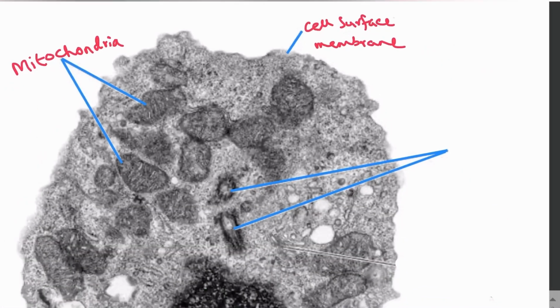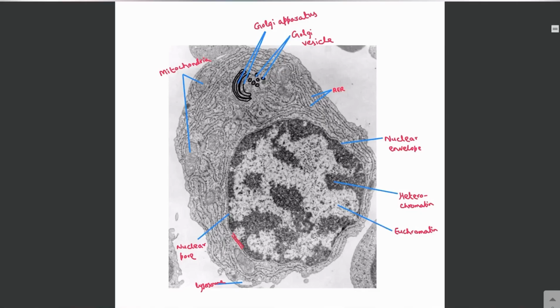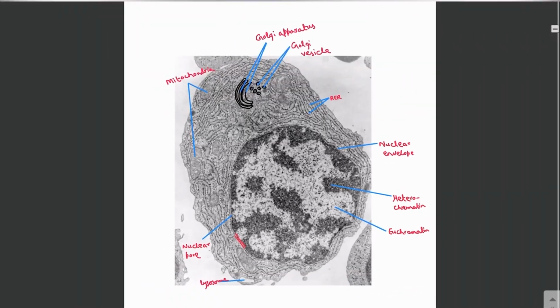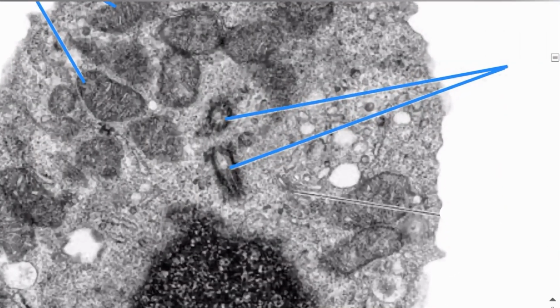And if we look at this structure, this was not visible in the last electron micrograph, right? What are these structures? Whenever you see two cylindrical structures at right angles, these are centrioles, right?